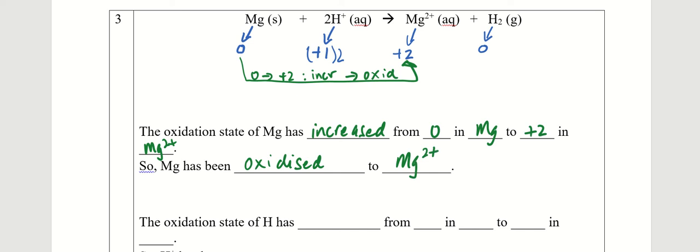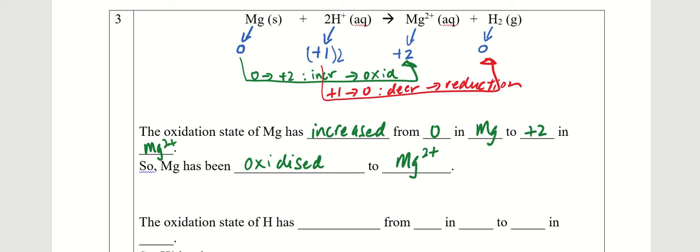Now, like I said before, when something has been oxidized, something always has to be reduced. And you will see that the only other change that has happened was that the oxidation state of hydrogen has changed from +1 to 0. And you would recognize that this is a decrease, which means it is a reduction.